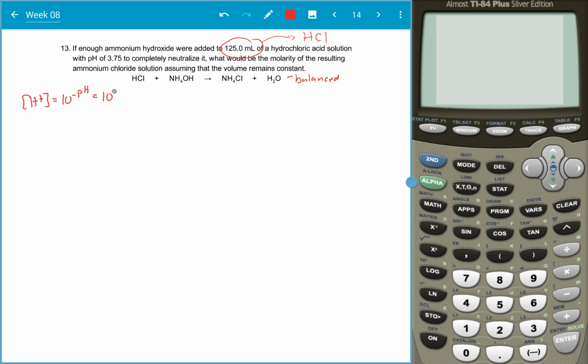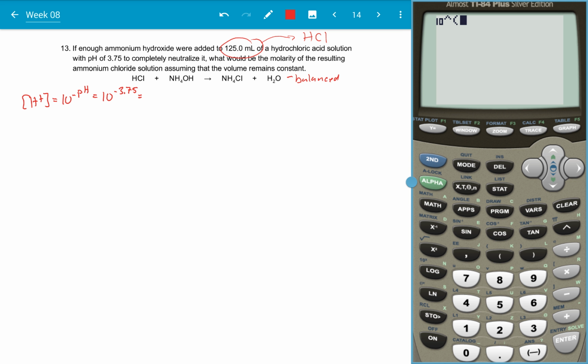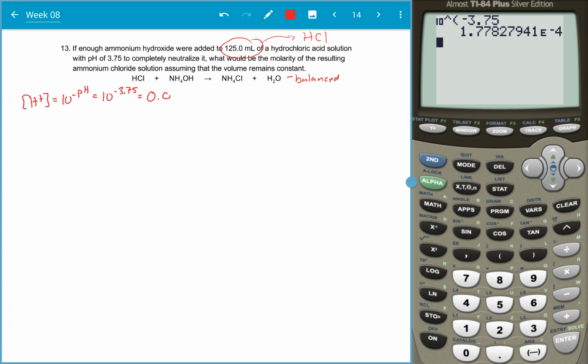So 10 to the negative 3.75 gives me 0.00018 molar for my H plus, but since I only have one hydrogen in my hydrochloric acid, it's also the same concentration of hydrochloric acid.